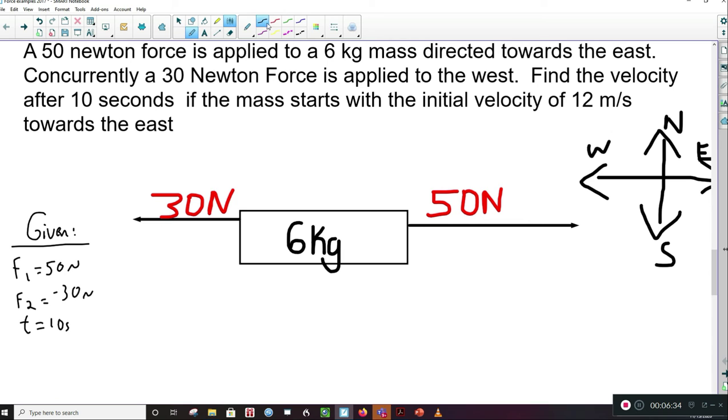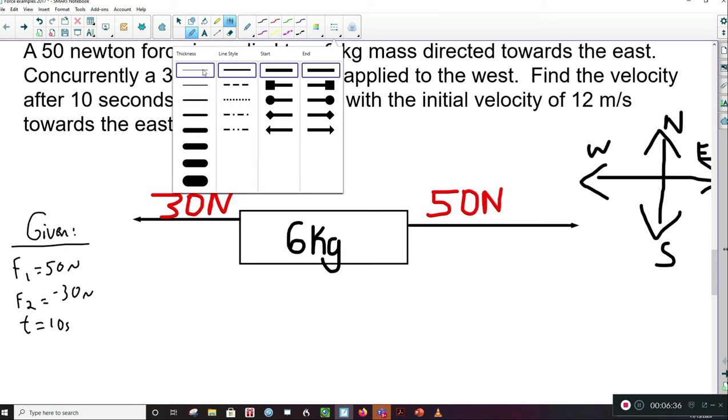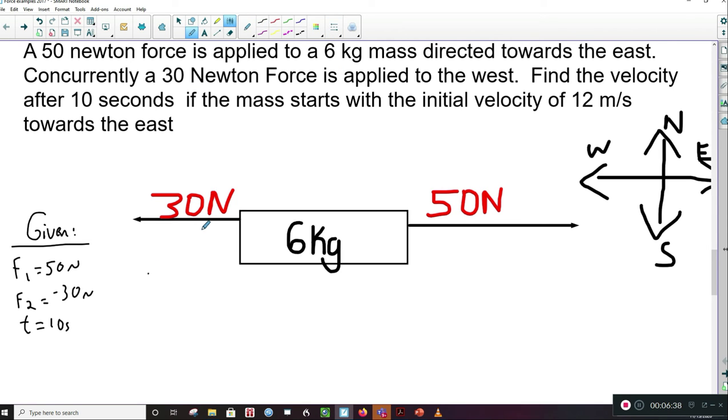The mass starts with an initial velocity of 12 meters per second. So we have that. So my V naught is 12.